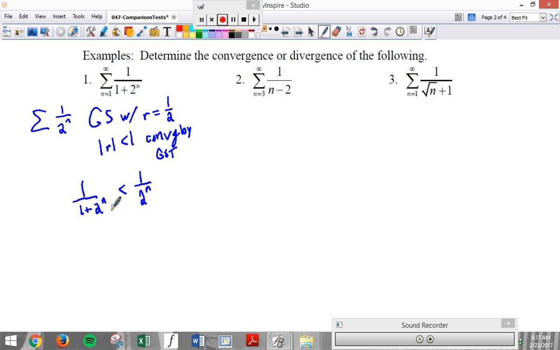So here are the two parts. I was able to easily find a series I could compare it to. Here's the comparison. This guy converges and is bigger. I would need converges and bigger or diverges and smaller.